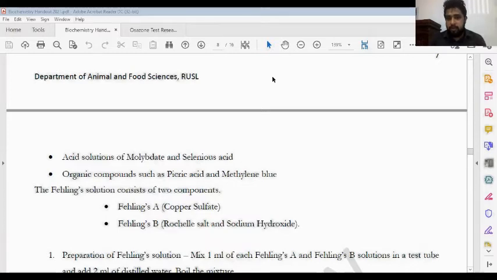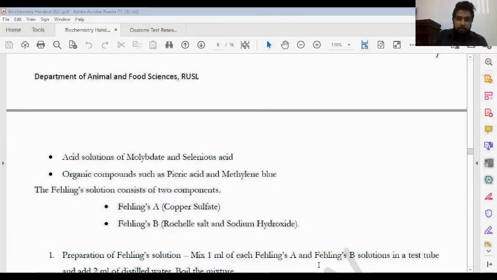When we mix Fehling's A and B and prepare the Fehling solution, it is also blue. We have a specific name for that, Persian blue. Then what is Rochelle salt? It is sodium potassium tartrate. You know these things.